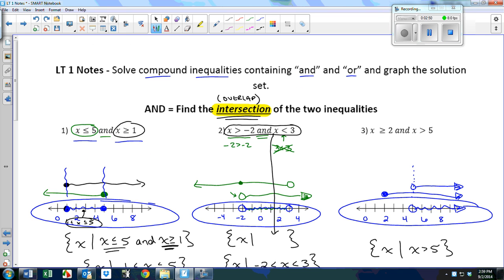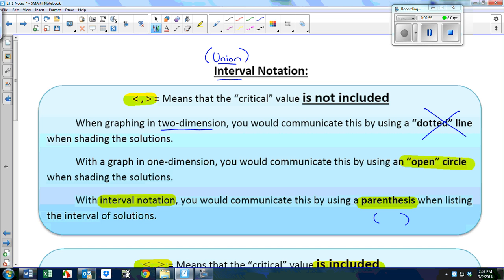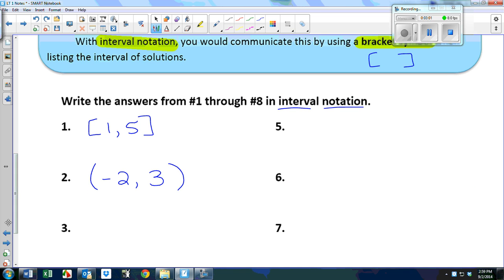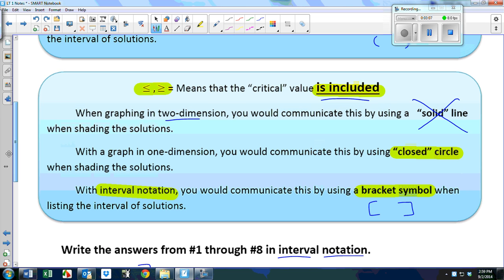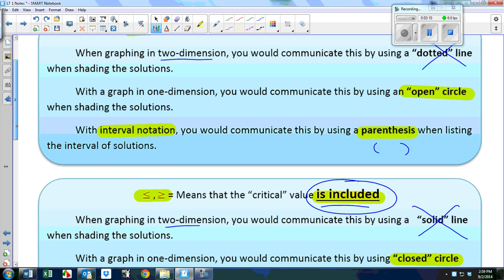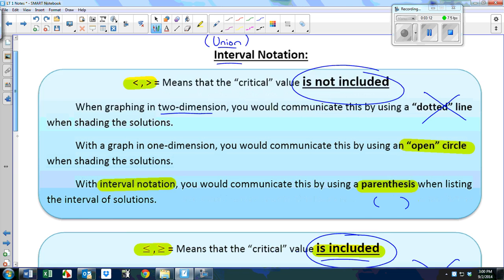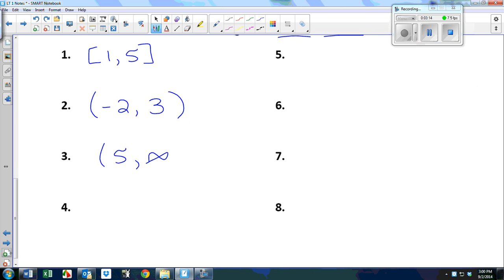Number 3, take a look at its answers. Starting at 5 and then shade to the right forever, which means you're shading to positive infinity. So in interval notation, starting at 5 but not including 5 is a parentheses. Shade to infinity. Now, the concept of included and not included: you can't really include infinity, because if you include it, meaning put a bracket, that's kind of saying it stops at infinity.